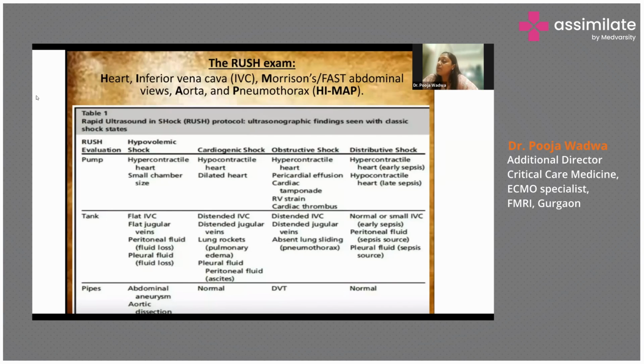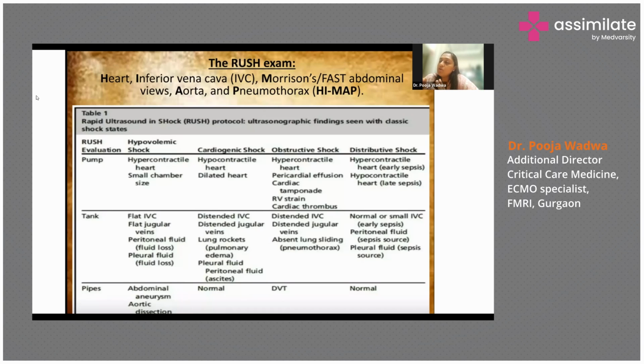There will be evidence of RV strain or a cardiac thrombus, which may or may not be evident on echo, because only if it's a big thrombus will you be able to appreciate it. A small thrombus cannot be appreciated on echo. It totally depends on the observer, how he sees it and what his technique is.